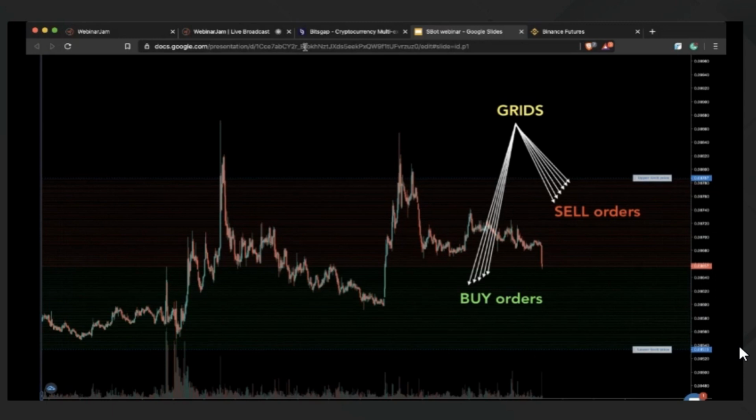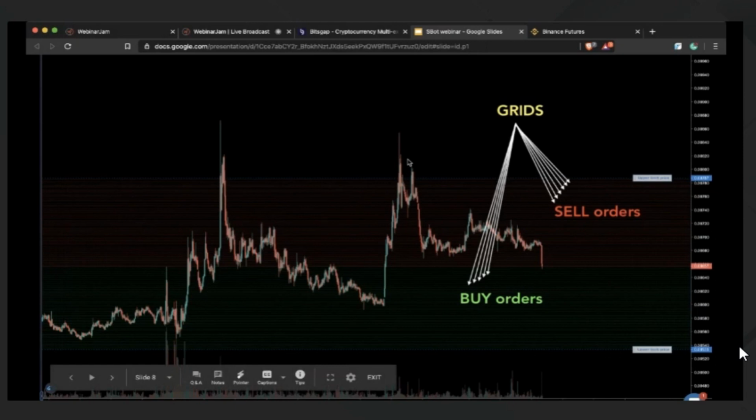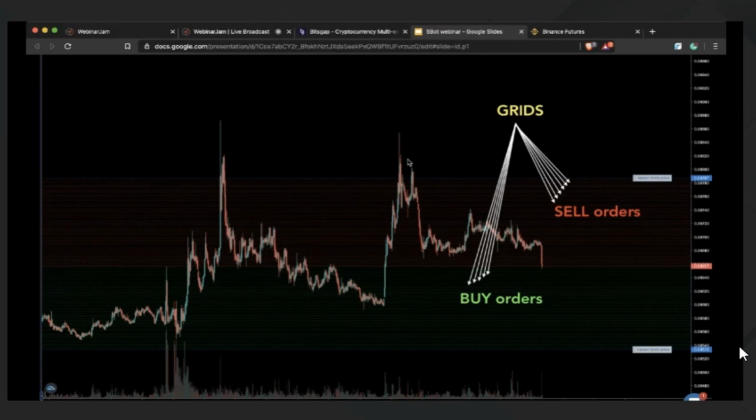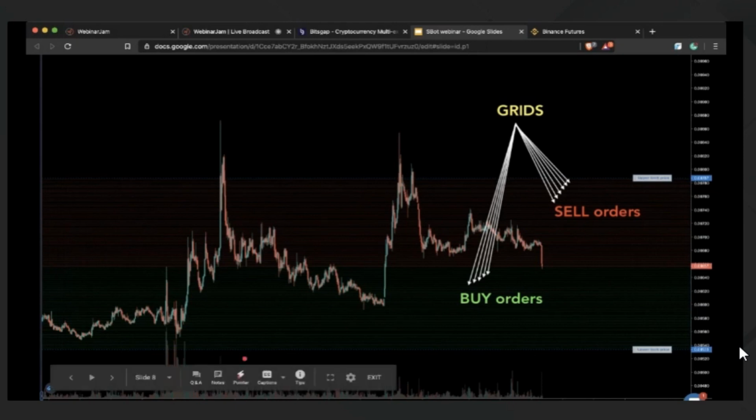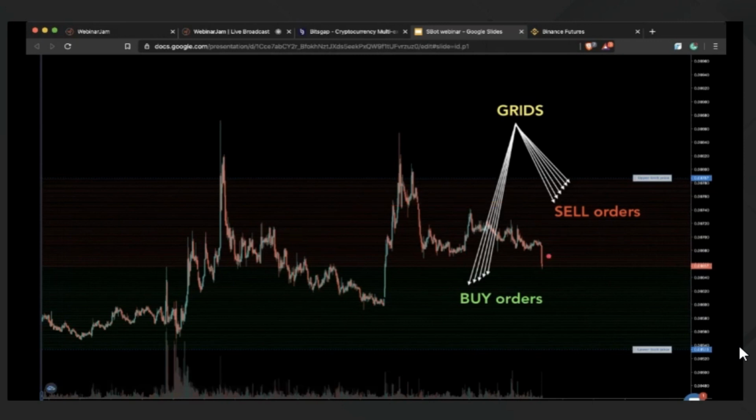So here you can see that I have sell orders, the red zone, and buy orders, which represent the buy zone. I'm going to use the pointer. The grid itself is nothing more than just a price gap, like a space between the orders.